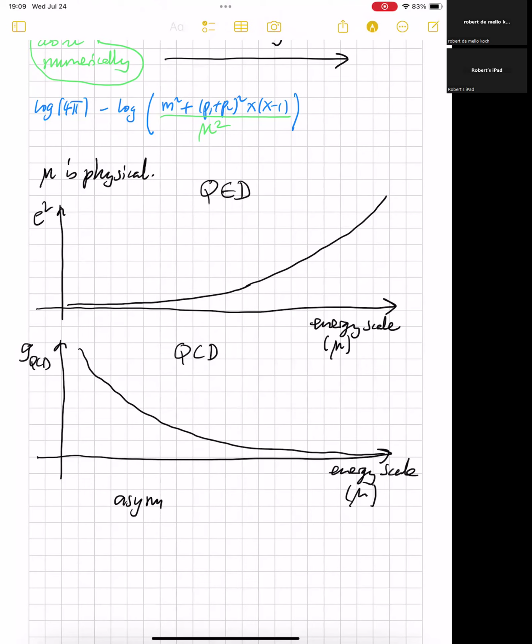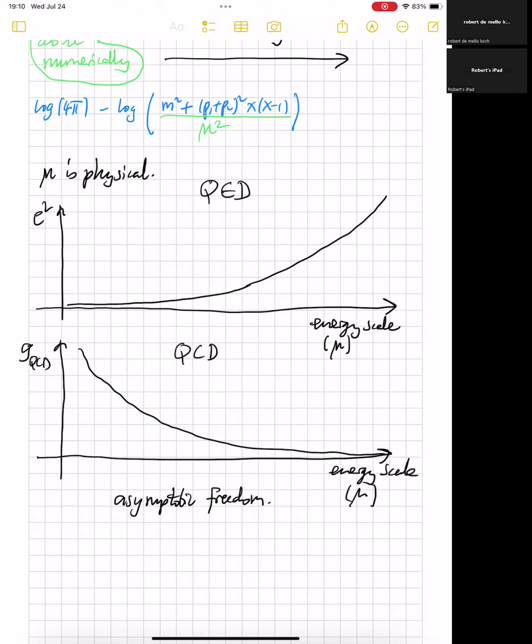And this, in fact, won a Nobel Prize for Gross, Wilczek, and Politzer. The discovery that at high energies, the coupling constant of quantum chromodynamics actually goes to zero. The theory actually becomes very weakly coupled.